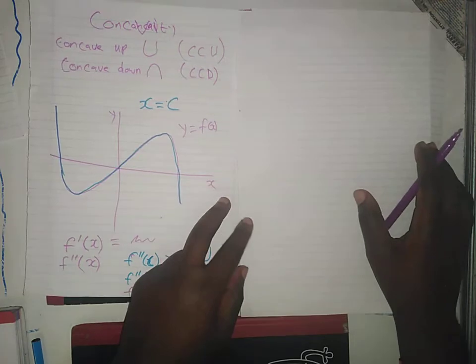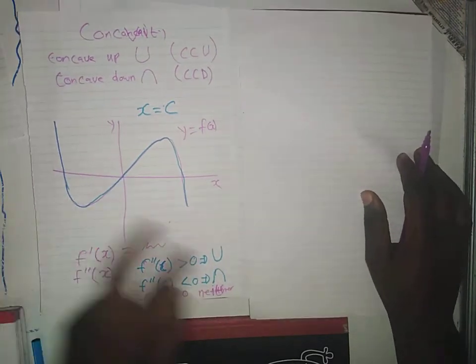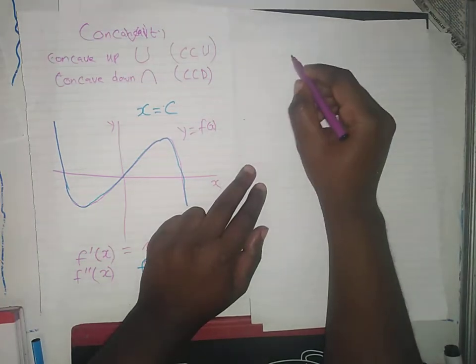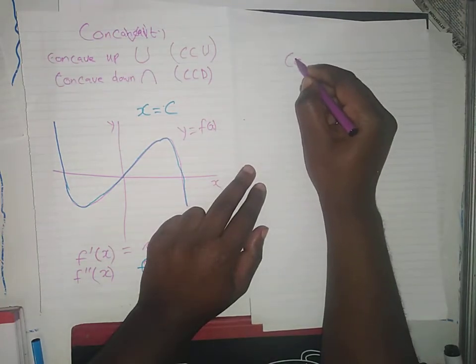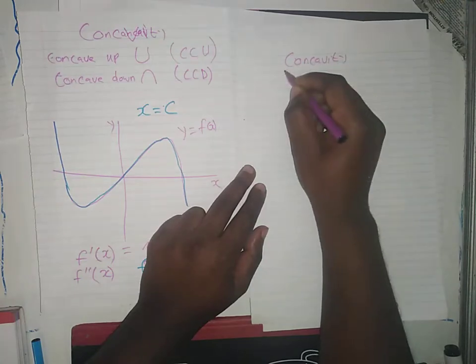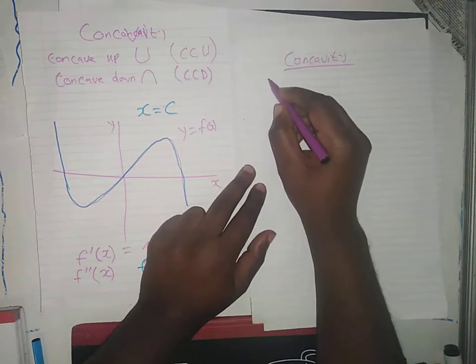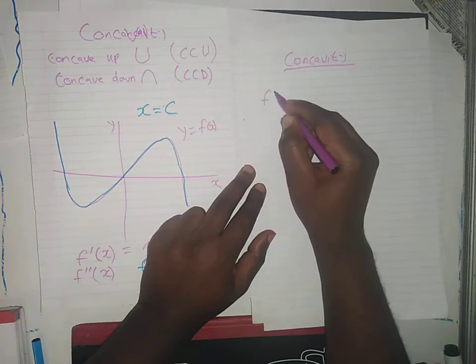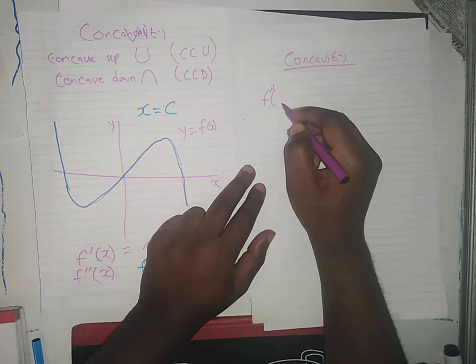So let's just put this thing into perspective. How do we do that? When we talk about concavity, we look at f prime prime at x, right? But this x, you take this point that you are looking for, which is c in this particular case.